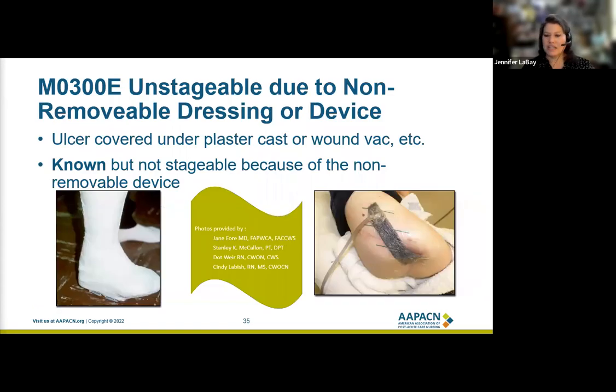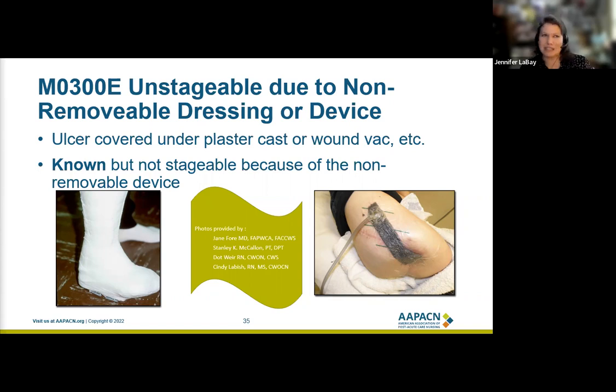Then we have our unstageable pressure ulcers. Unstageable due to a non-removable dressing or device. Obviously, if there's a cast or a wound vac in place, we can't see what's under there, but there has to be documentation that there is a wound under there. We can't say, oh, they're coming in with a cast, you're going to know that they're going to have a black heel.